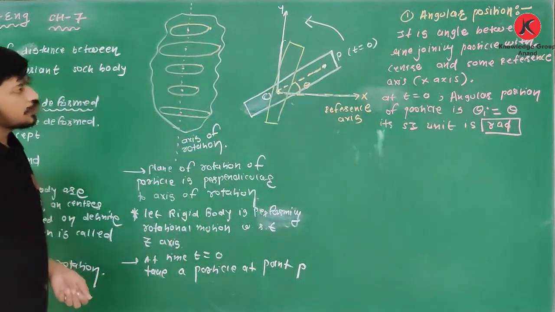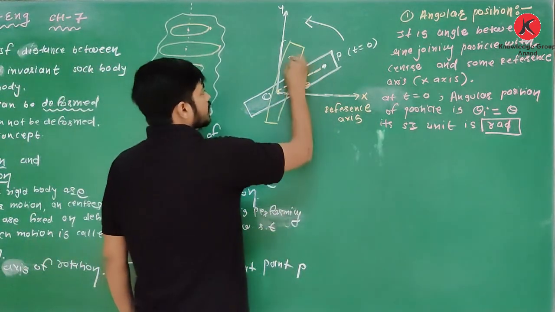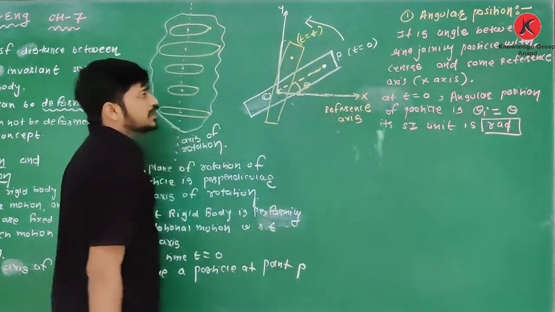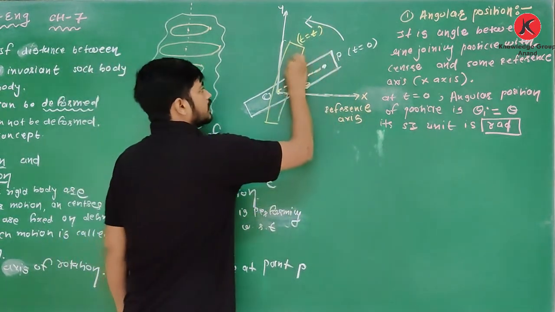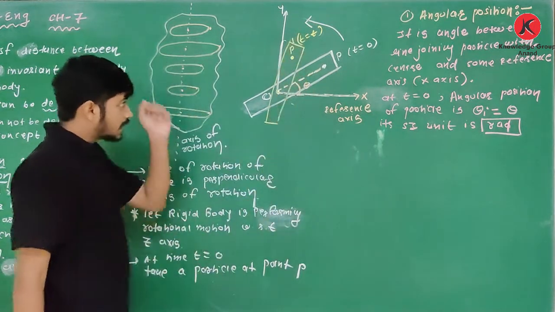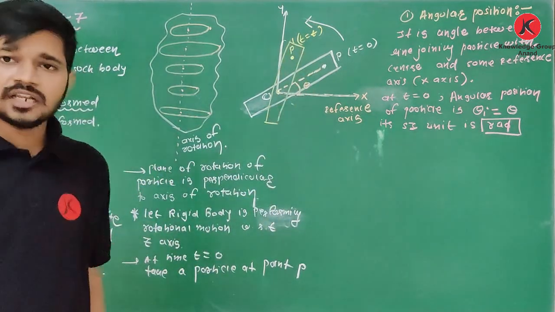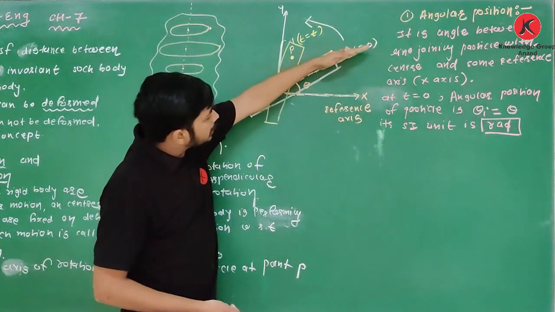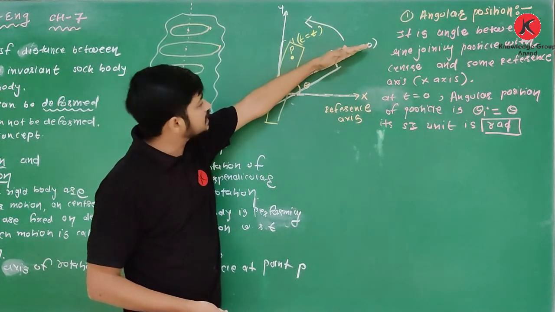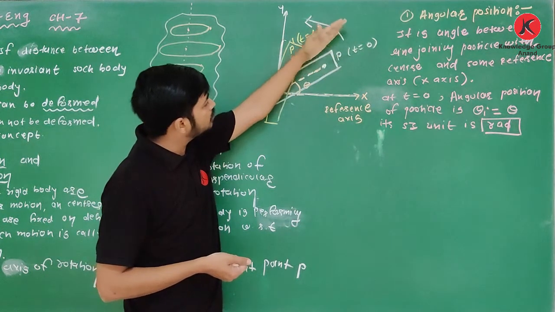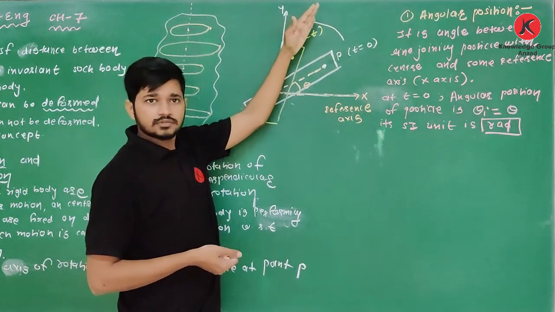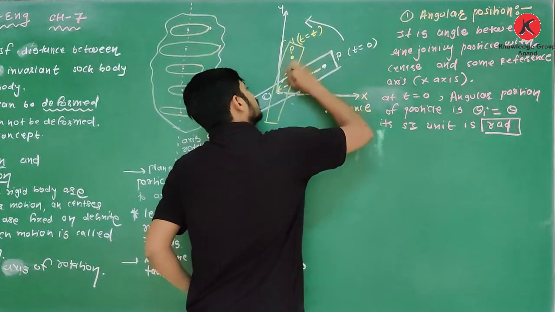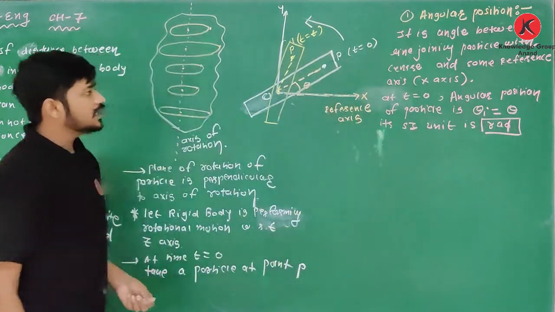Let at time t is equal to t, this particle is at point P dash. Clear about this? Initially this point P makes some angle theta with the x-axis. Now as it is performing motion, this angle changes.